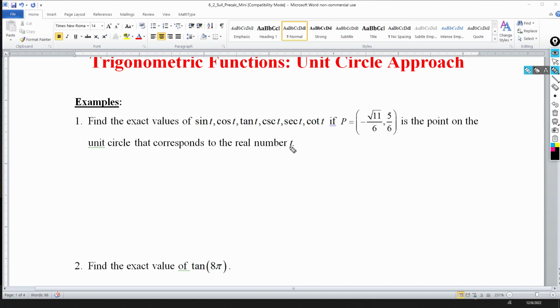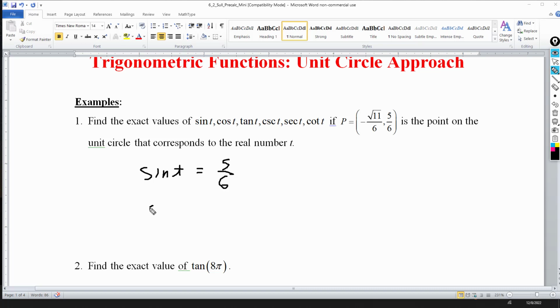Radius is 1. So what we know is this: if the point is on the unit circle, the sine of the angle, in radians or degrees, in this case t, is whatever the second component of the ordered pair is. So 5 over 6, that's the sine of the angle.